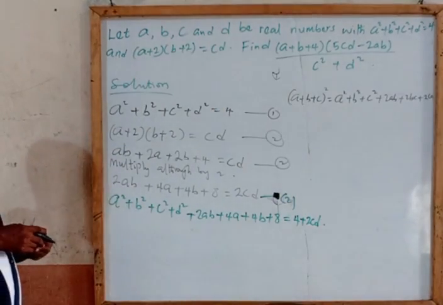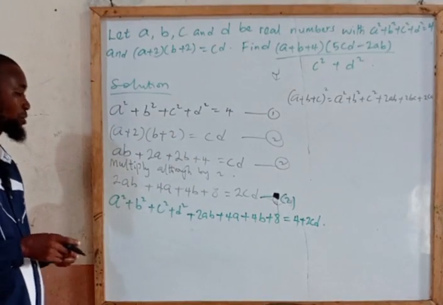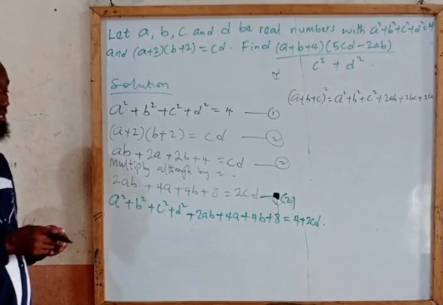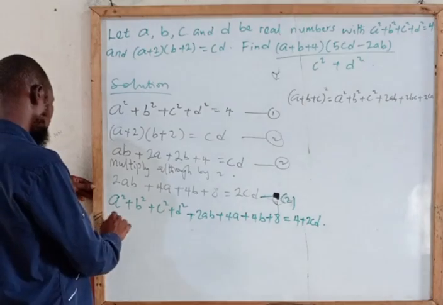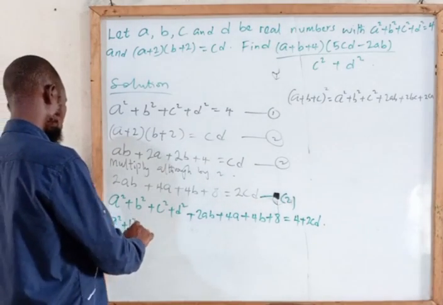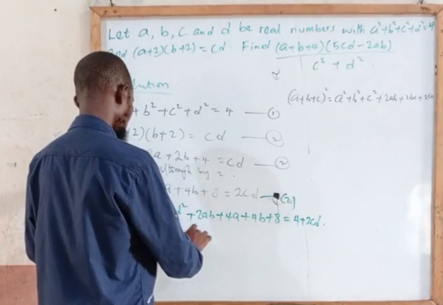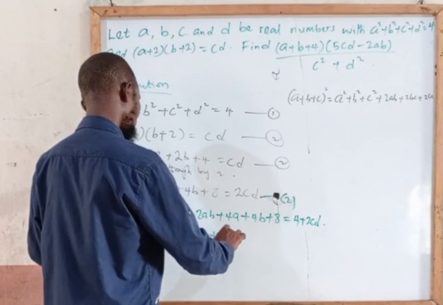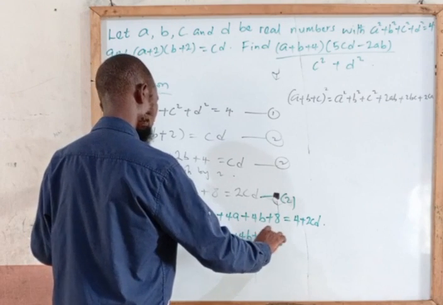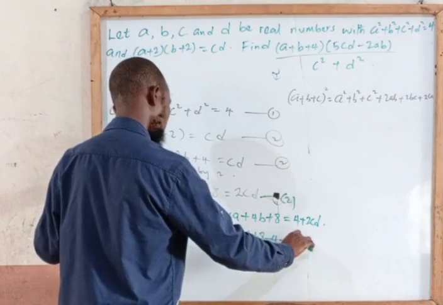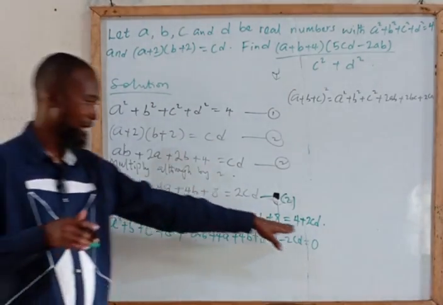Now I want to equate everything to 0. Since I'm operating with 4 variables, I can adjust it by grouping. So a squared plus b squared plus c squared plus d squared plus 2ab plus 4a plus 4b plus 8 minus 4 minus 2cd is equal to 0. I want to remove every item from the right side to this side.